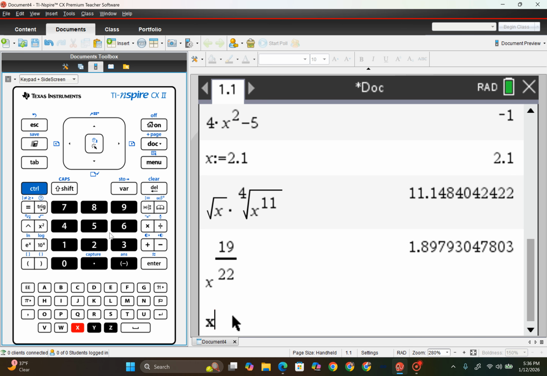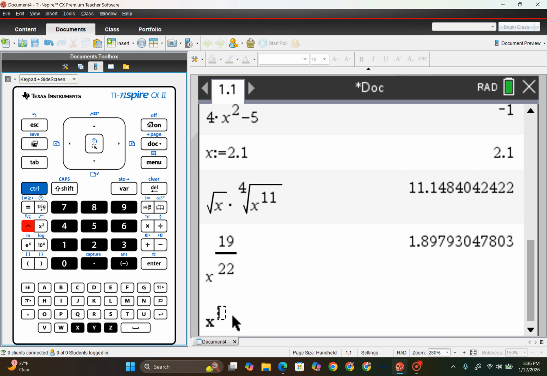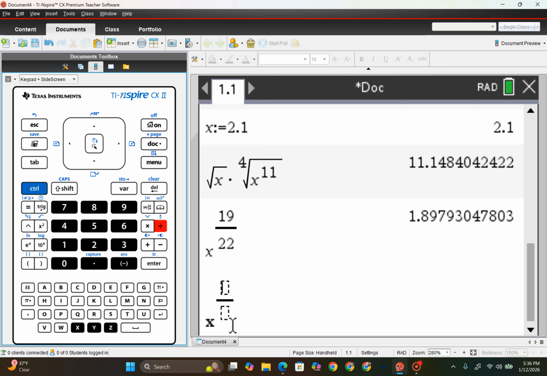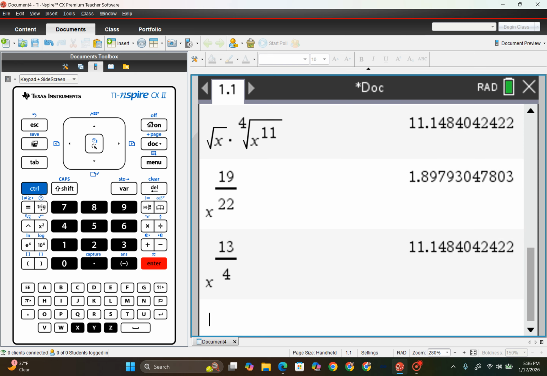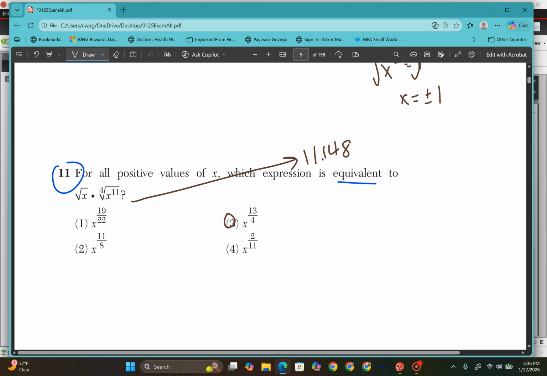X to the, and you have to plug these in. You cannot just know that. I know it because I've done this before. Control division. So 13 over 4. I'm rushing. That's why it does that. Do you see how these two are the same? They're the same. So that's why that's the answer.